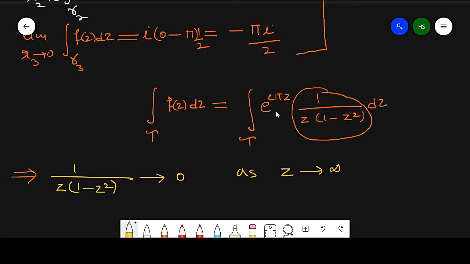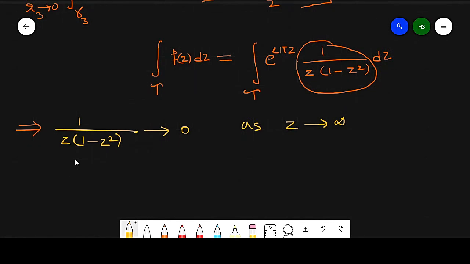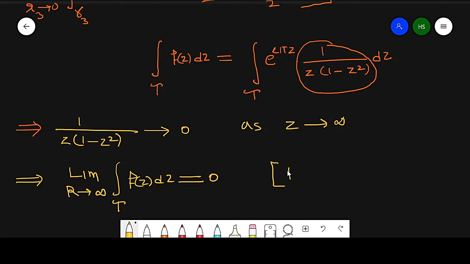So it means the integration, as r approaches infinity, approaches 0. So it implies the limit as r approaches infinity of the integral around tau of this into this, which is f(z) dz, is equal to 0. This is by Jordan lemma. So this limit is equal to 0.